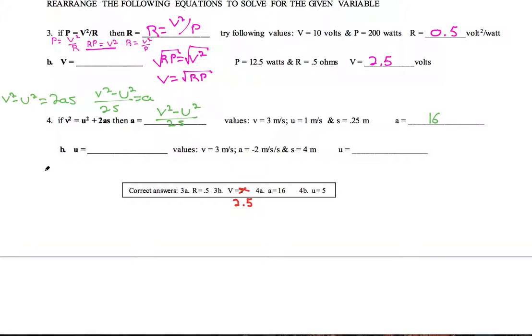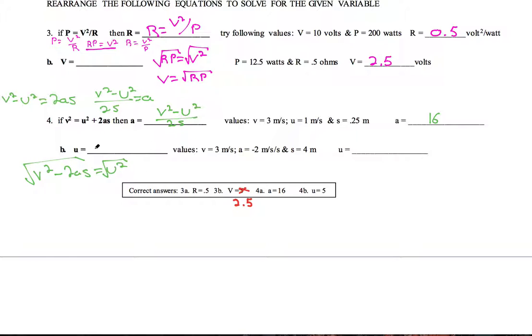And we want to rearrange it now for U. So similar to what we just did, instead of subtracting U squared over first, I could subtract 2AS over. So V squared minus 2AS equals U squared. And then I'm going to want to take the square root of both sides to get U by itself.